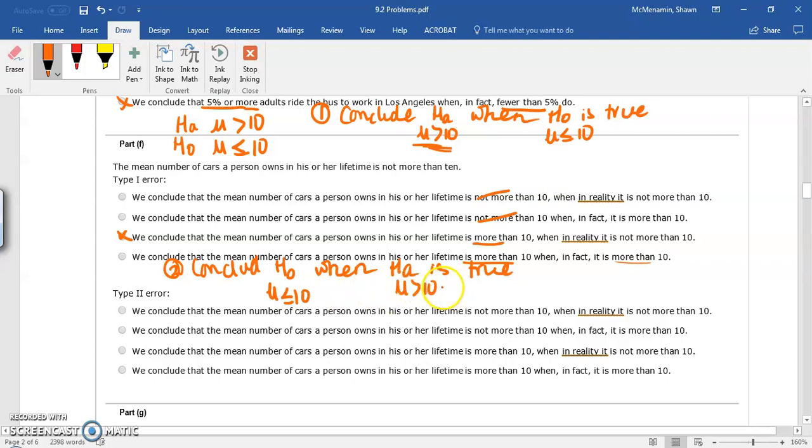So you need to find something that says less than or equal to 10, which means not more than 10. It could be this one or this one, not the ones that say more than. So it's this one. We conclude that it's not more than 10, less than or equal to, when in fact it is more than 10.